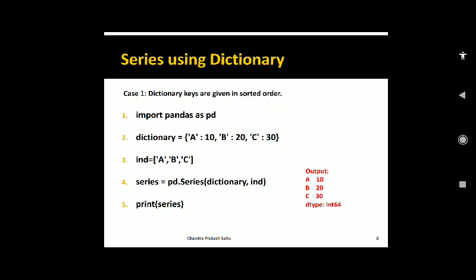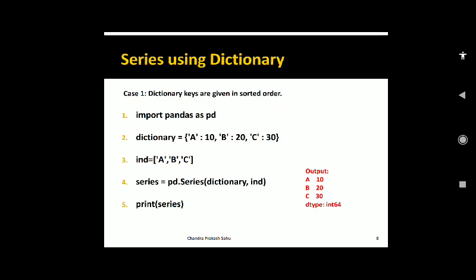Now a series will be created using the values from the dictionary which matches indexes in the index list. So the elements of the index list are matched with keys of the dictionary.